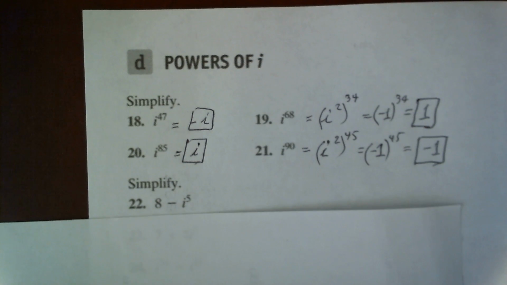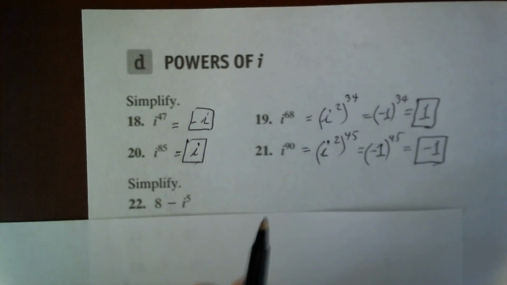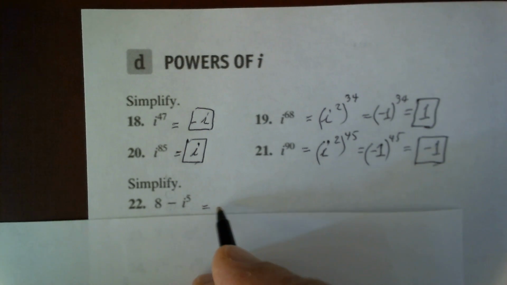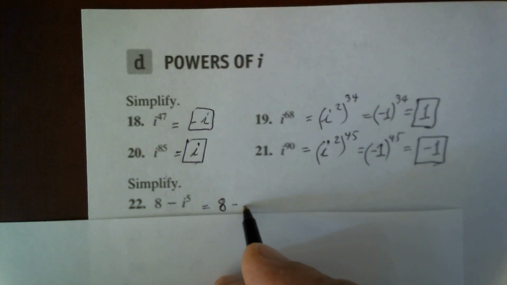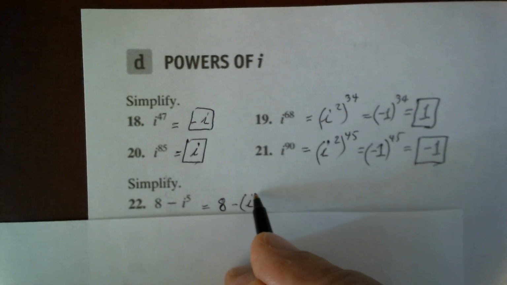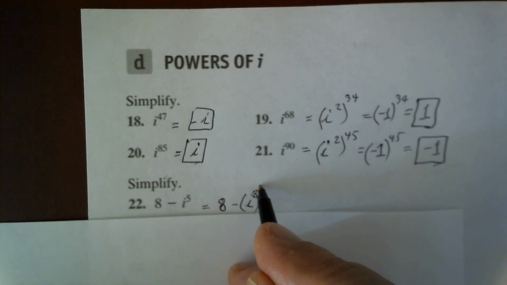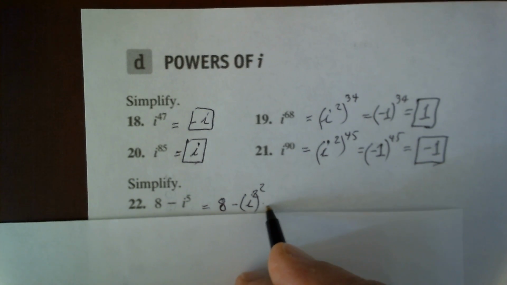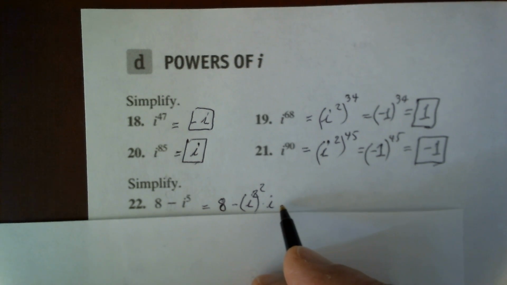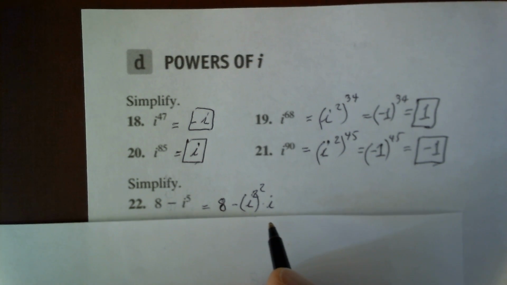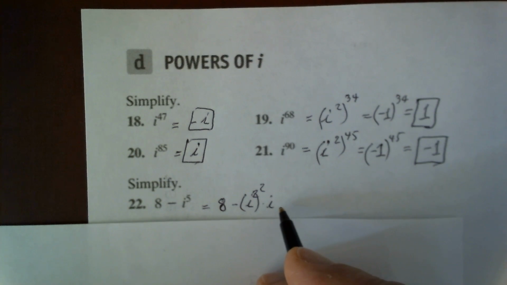Let's do number 22. So that's 8 minus i to the second power raised to the second power times i. And so i squared equals minus 1.